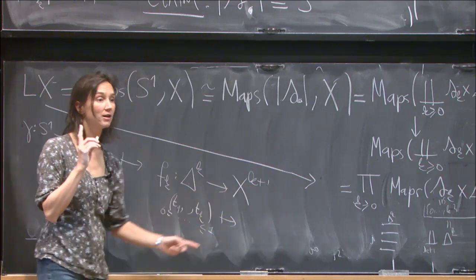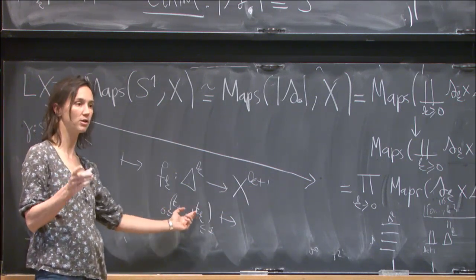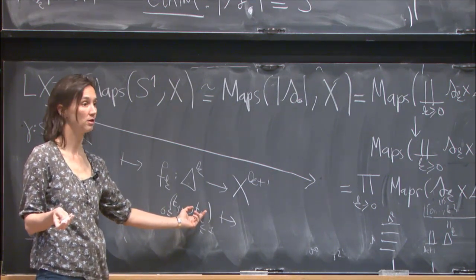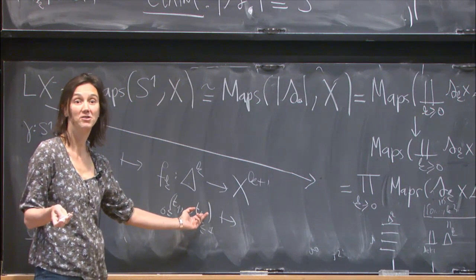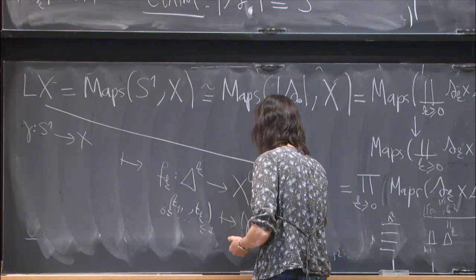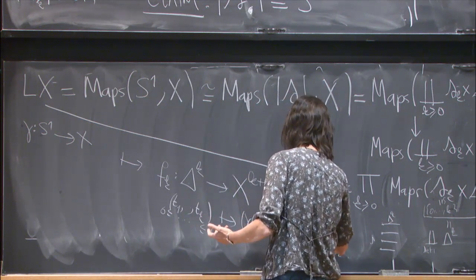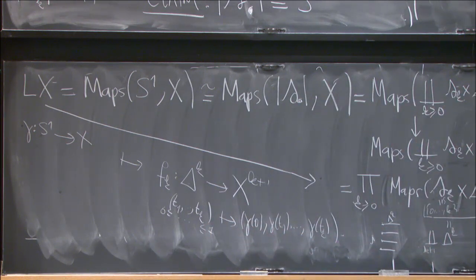We need k plus 1 things. I have k things here. I can evaluate at t1, I can evaluate at tk, and so on. I'm missing one. What should I do? Anything reasonable? 0, right? I still have my 0. So the only reasonable thing I can do is gamma of 0, gamma of t1, and so on. Of course, we could do some function of this, but these are the most obvious k plus 1 elements of X that I can attach to this data.